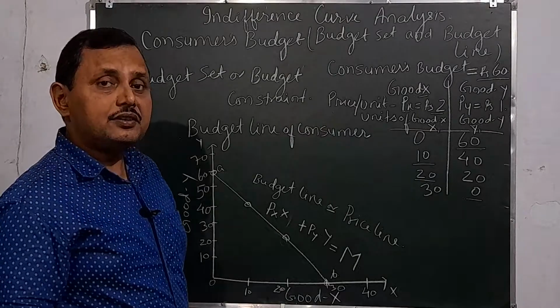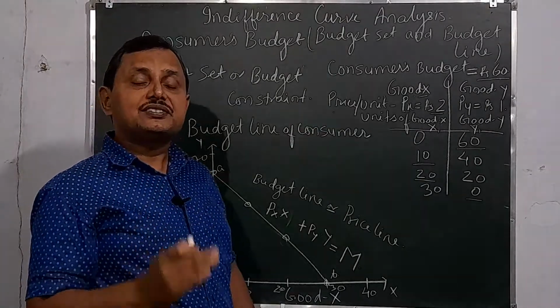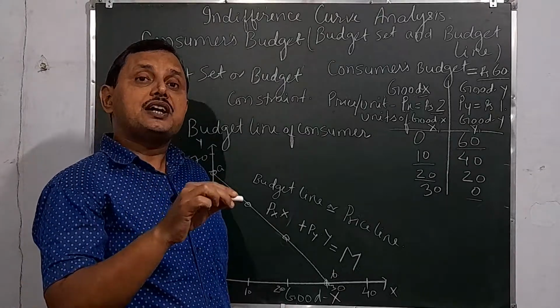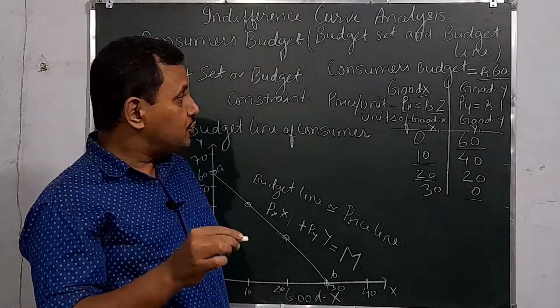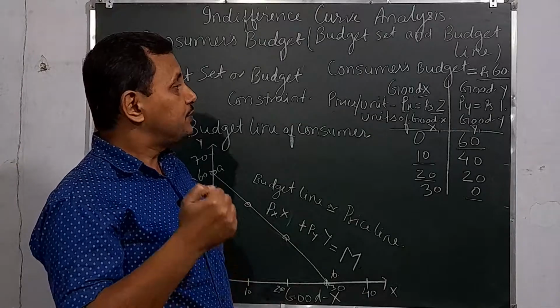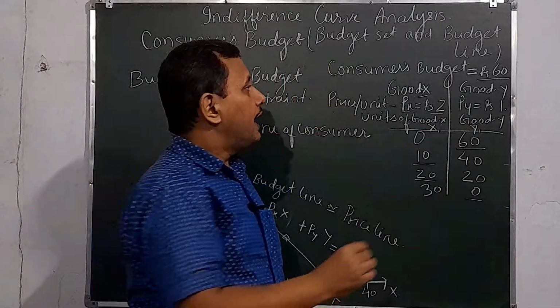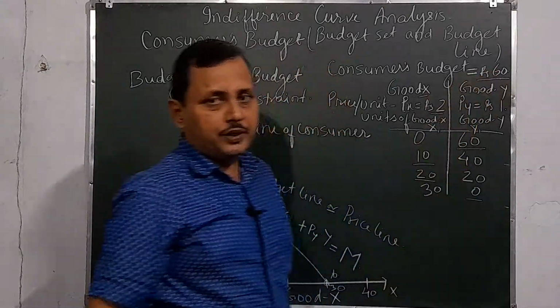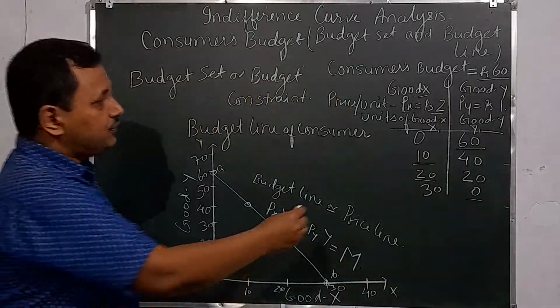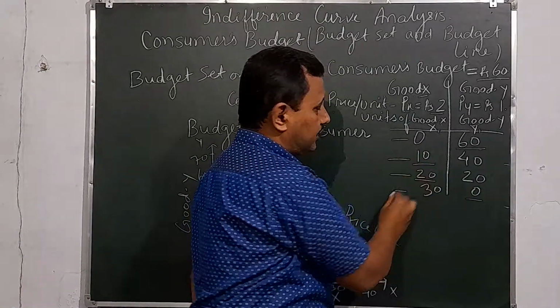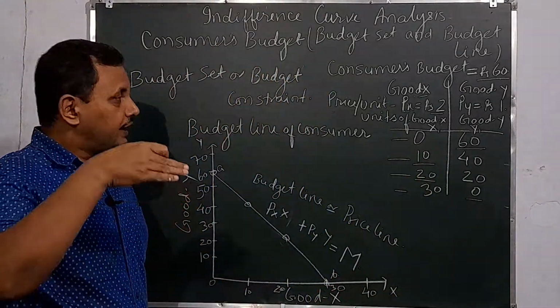Budget constraint or budget set represents the various combinations of two commodities which the consumer can purchase in his budget, given the prices of the two goods and the budget of the consumer.